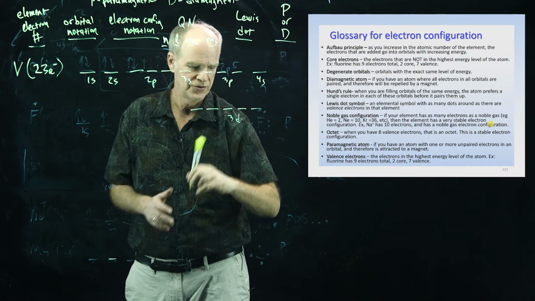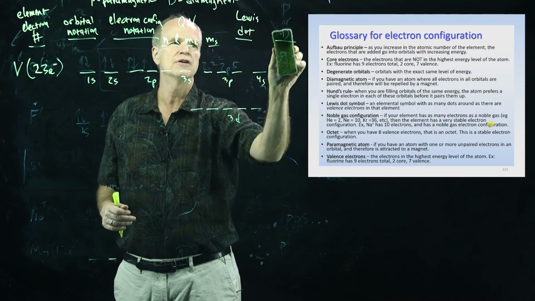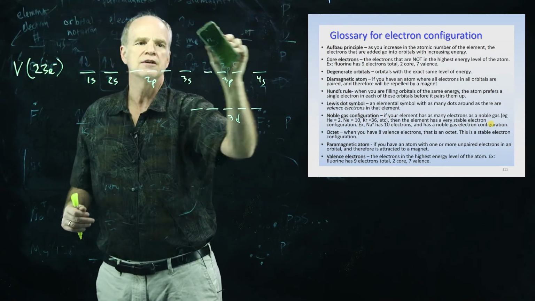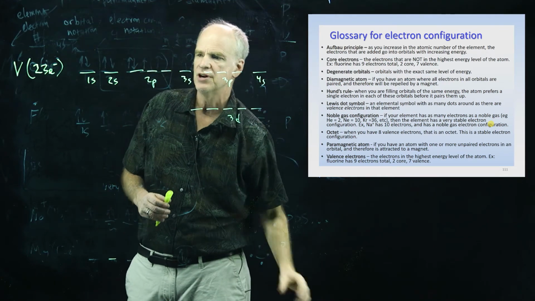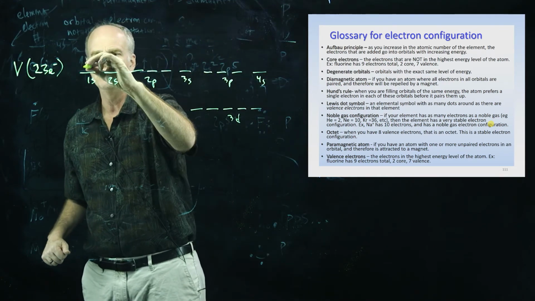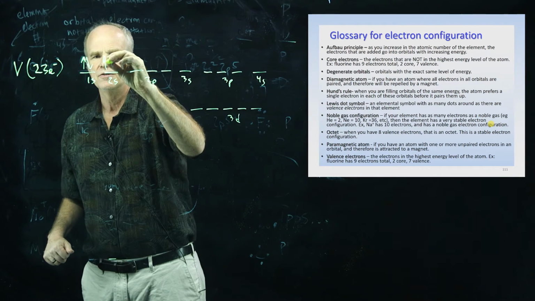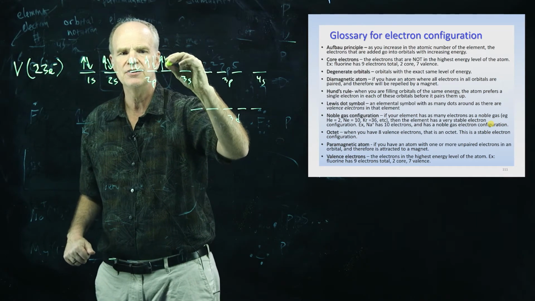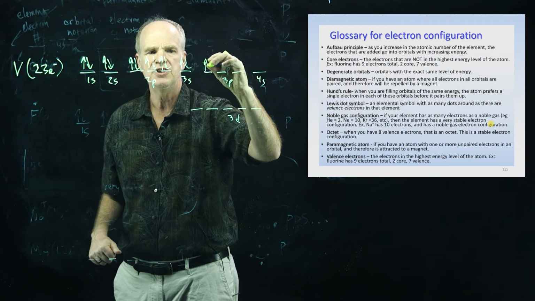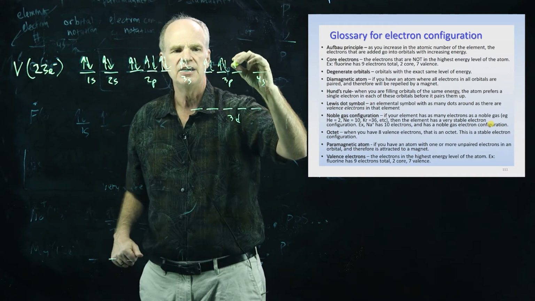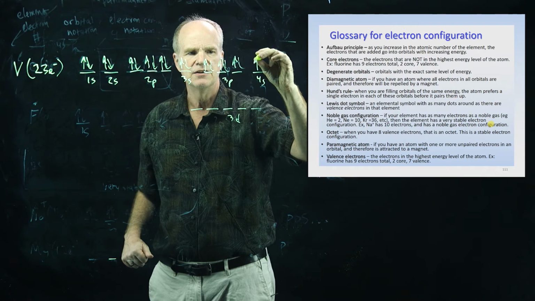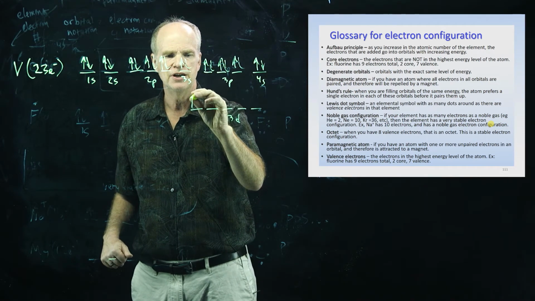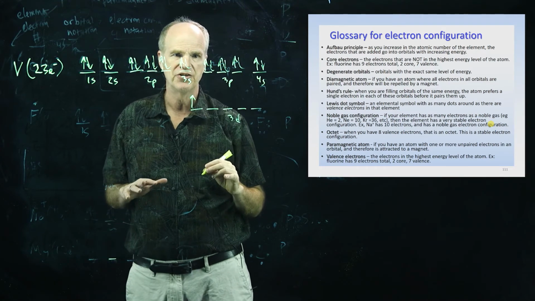Okay, so we don't need this chart anymore. Okay, there we go. Okay, so it has 23 electrons, and so 4, 6, 8, 10, 12, 14, 16, 18, 20, and then 21 goes here, and so you might ask, where does the 22nd electron go?